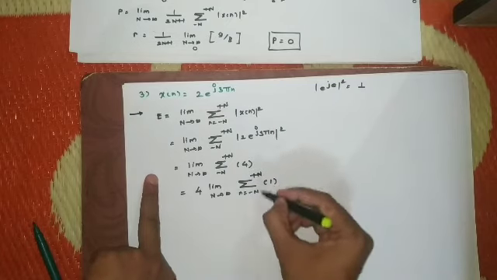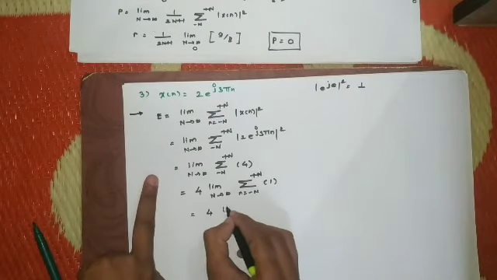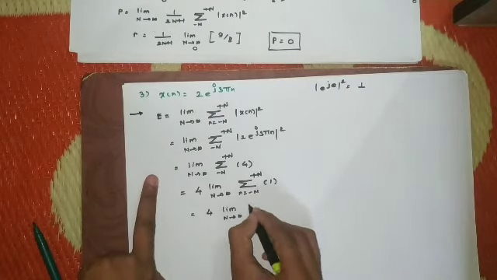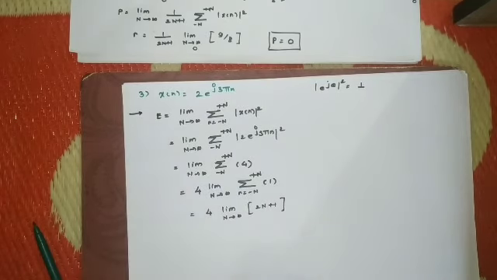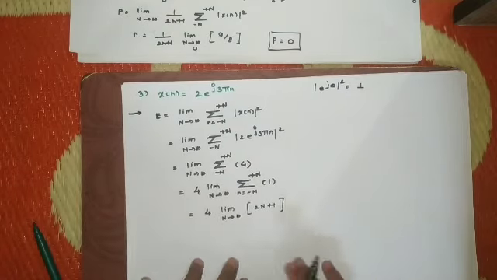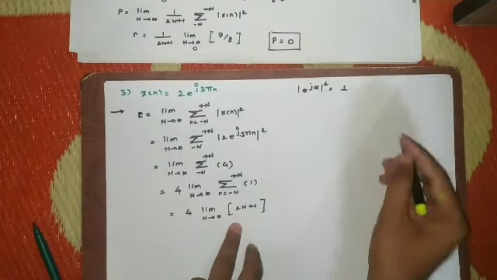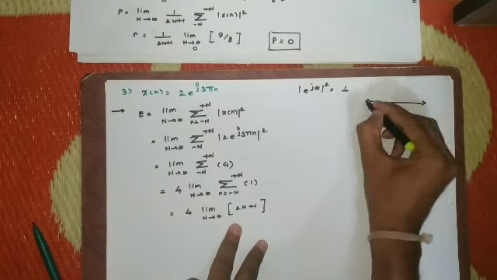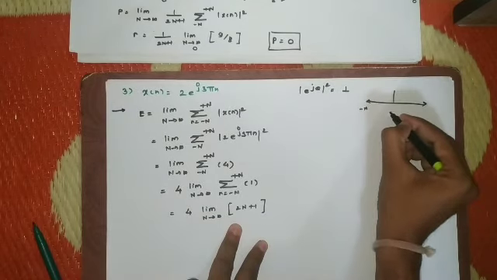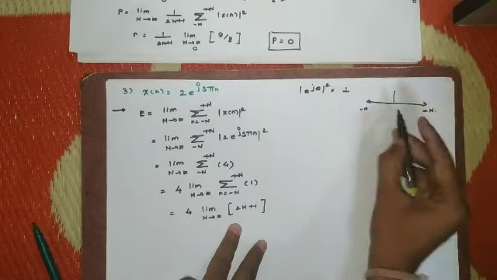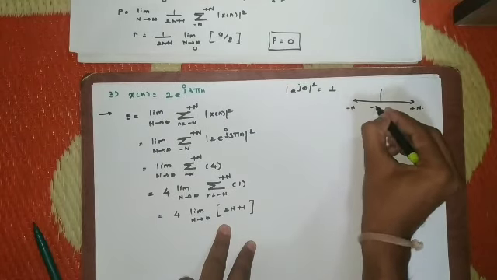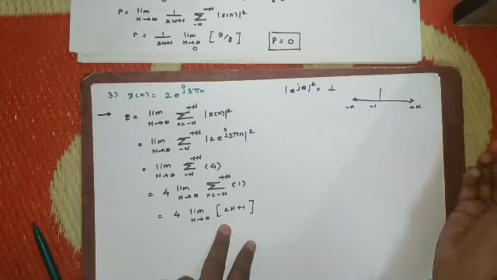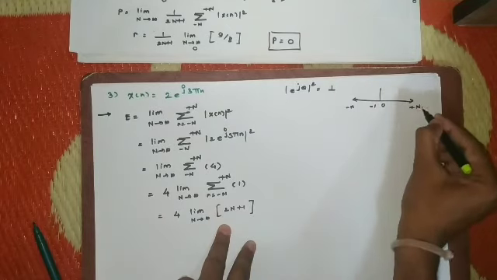Now this entire summation term will have a value that is going to be 2n plus 1. Now how is it 2n plus 1? In an earlier lecture we have already discussed how the value is going to be 2n plus 1. Quickly I will tell you, if the range is from minus n to plus n, the entire signal is discrete in nature, that means it will start from minus n and end at negative value minus 1, and then it starts from all positive values of n, that is 0 to n.